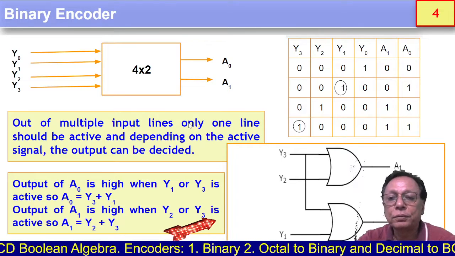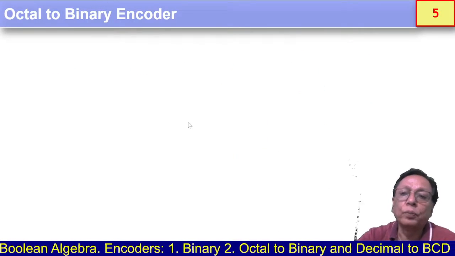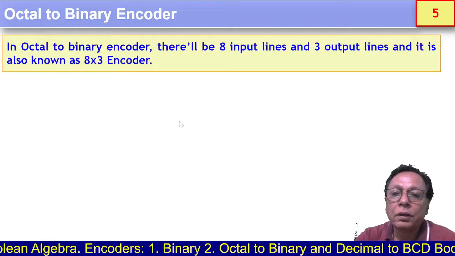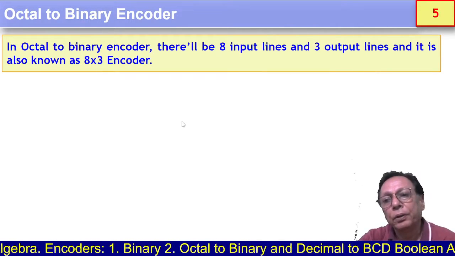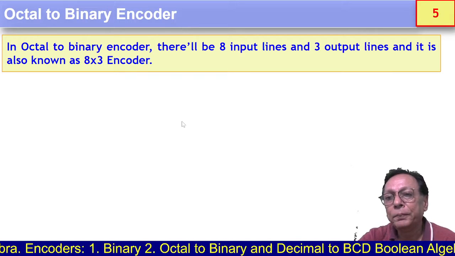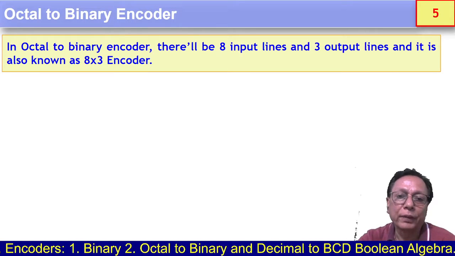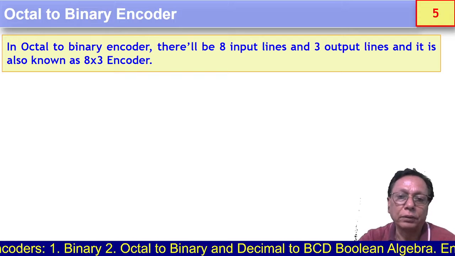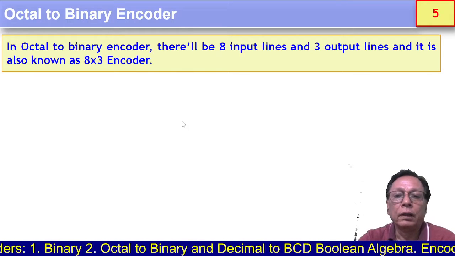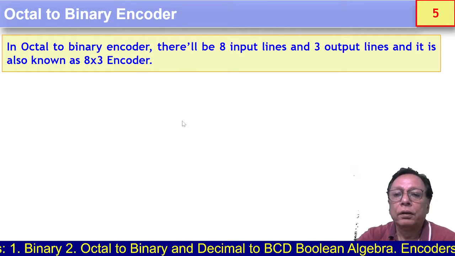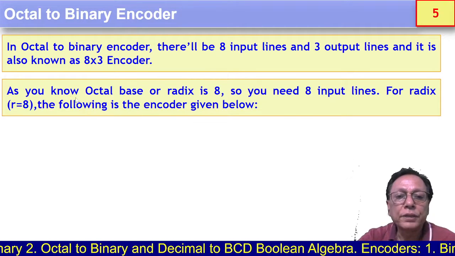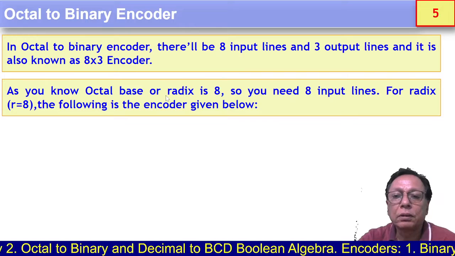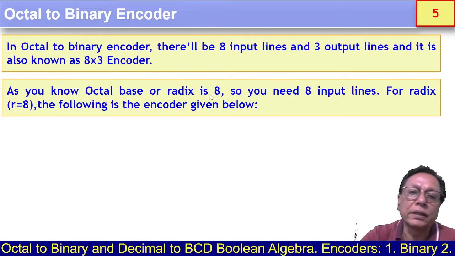So this is your binary encoder. And let's move to the octal to binary encoder. In the octal to binary encoder, there will be 8 input lines and 3 output lines, and it is also known as the 8 by 3 encoder. So let's see. As you know, the octal base or radix is 8.